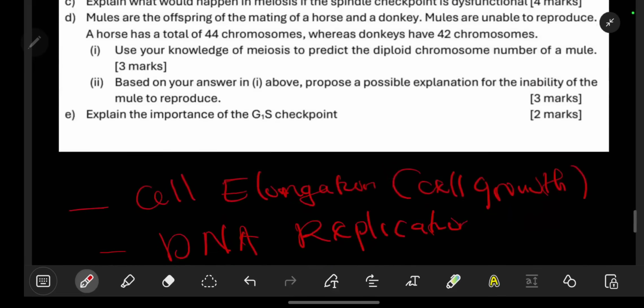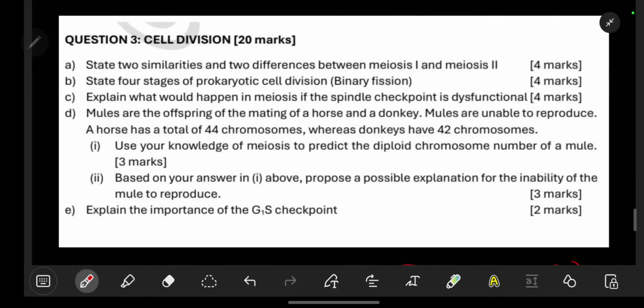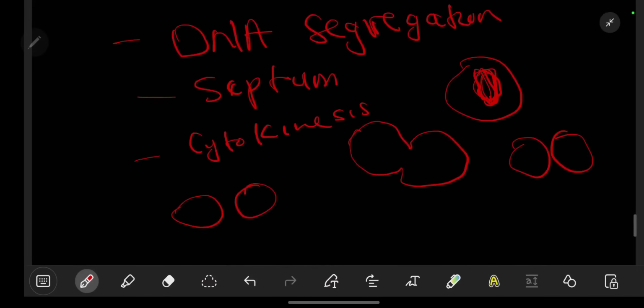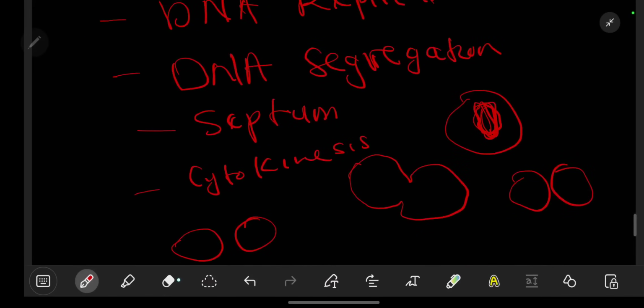So how many were we given? State 4 stages. So we can even combine septation, or septum formation, and cytokinesis. We can combine them in that manner.